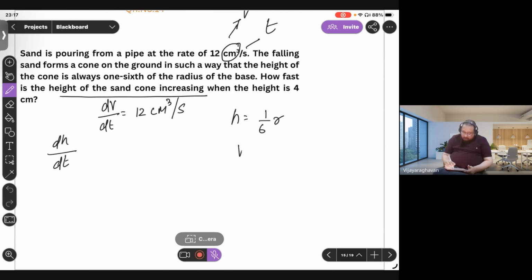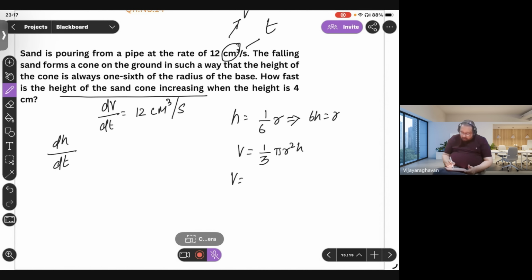So what is volume of a cone? V equals 1 by 3 pi r square h. Since we want h, we will convert r into h. This implies 6h equals r.